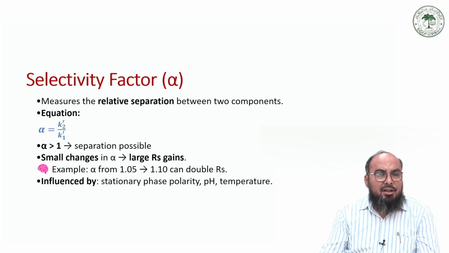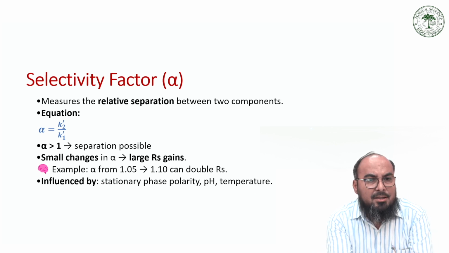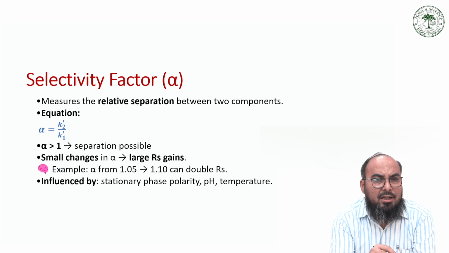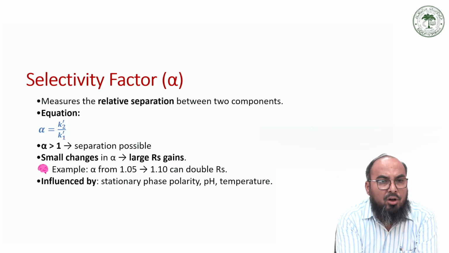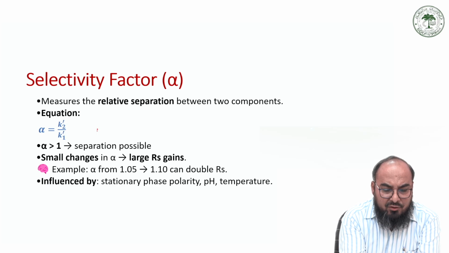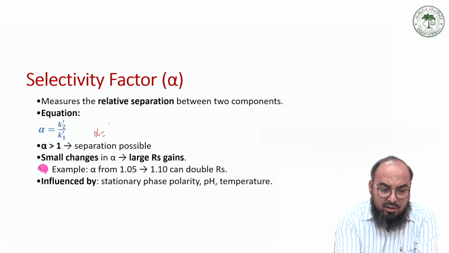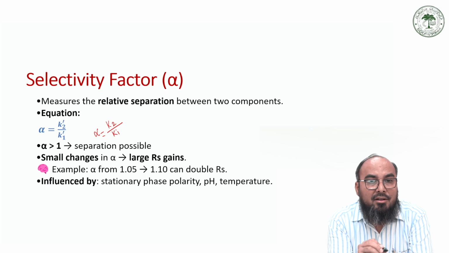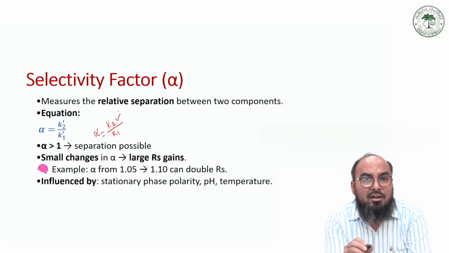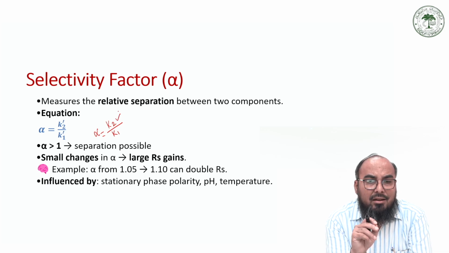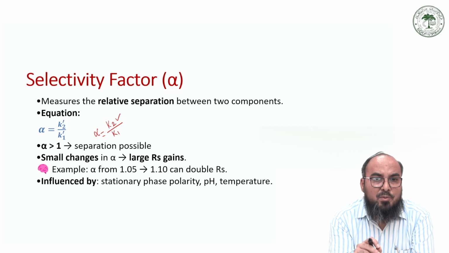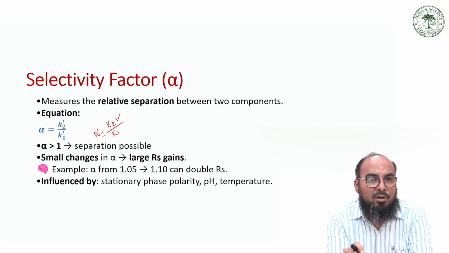Now, as we already know, the selectivity factor is simply a fraction of k2 dash upon k1 dash in terms of the retention factor. If you want it in terms of the dissociation constant, you can write k of 2 upon k of 1. Here 2 is that component which is eluting at a slower rate, that is, whose peak is coming at the end of the chromatogram.